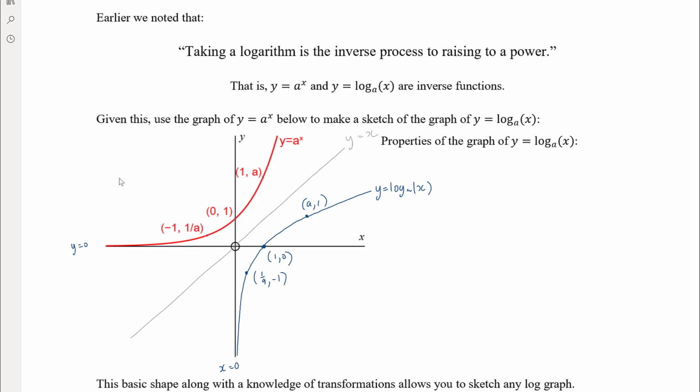So, some properties of the log graph. We have an asymptote with equation x equals 0, so a vertical asymptote. We have an x-intercept at (1, 0).